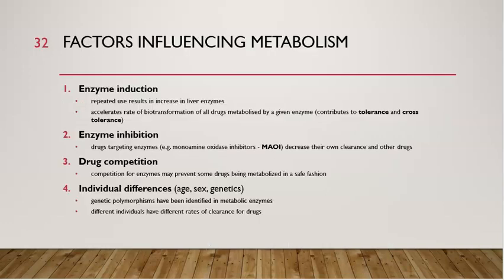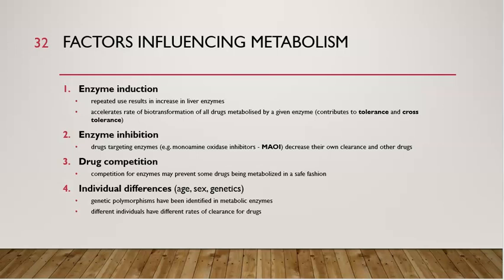Now, like drug administration and drug distribution, there are of course different factors that can influence our metabolism of these drugs. These are just 4 of the big ones. First is our enzyme induction. So this is where drug tolerance can occur. And so repeated use will result in an increase in liver enzymes.